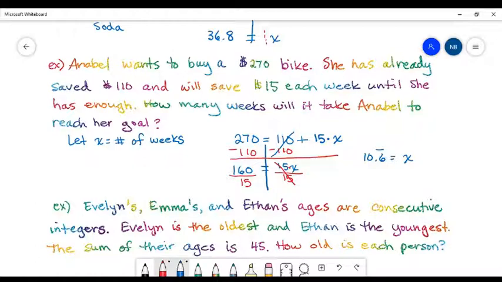So Annabelle needs to save for 11 weeks before she has enough. She needs that last $15 to push her over the top to get her $270. Notice I rounded up.